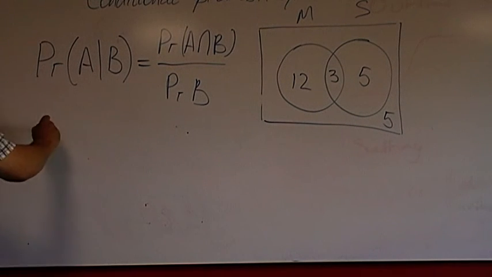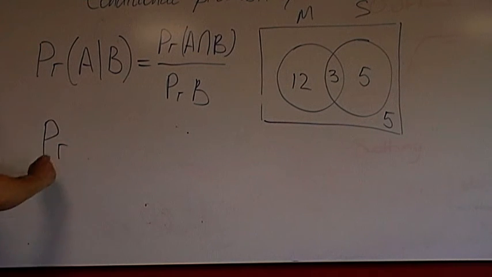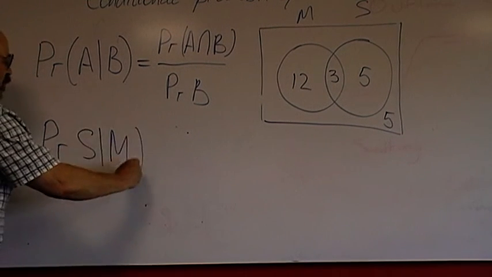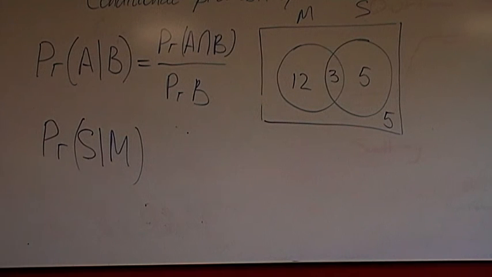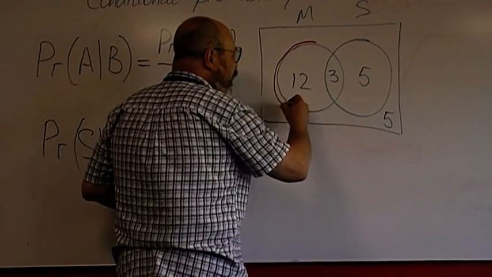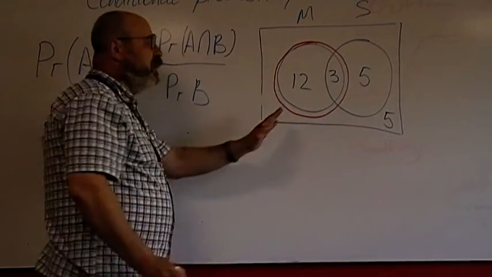So we need to find the probability of science given math. When we say given math, that means we definitely know that the student is doing math. That means our whole sample space is now limited only to math.